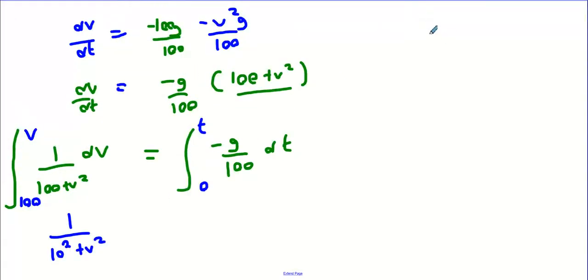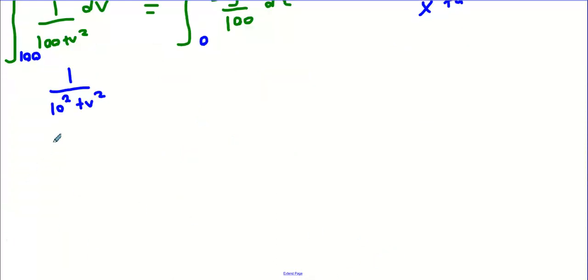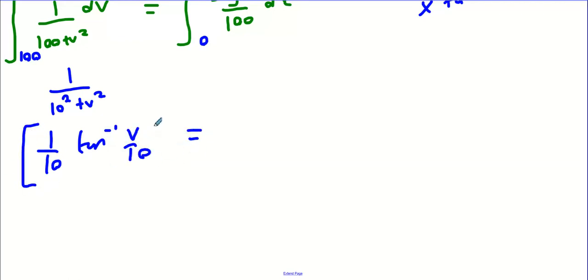So remember, when you integrate 1 over x squared plus a squared, it's 1 over a tan inverse x over a. So what we're going to have here is 1 over 10 tan inverse v over 10, and that is going to be from v to 100.